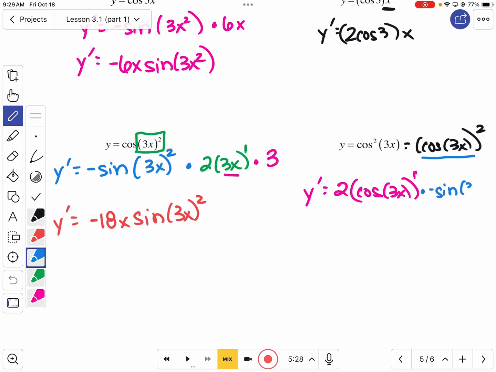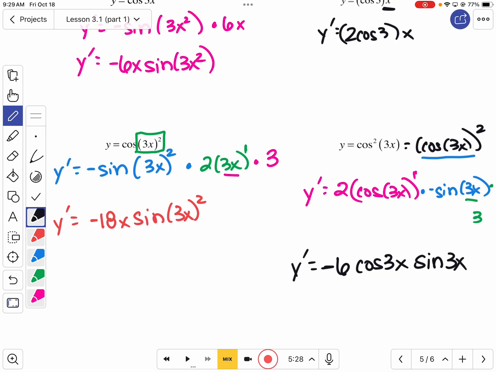Negative sine, we'll keep the 3x, and then times the derivative of the 3x, which is 3. So now we get negative 6 cosine 3x sine 3x. All we did was move some parentheses and some exponents, and we got 4 very different answers. Same problem, 4 very different problems.